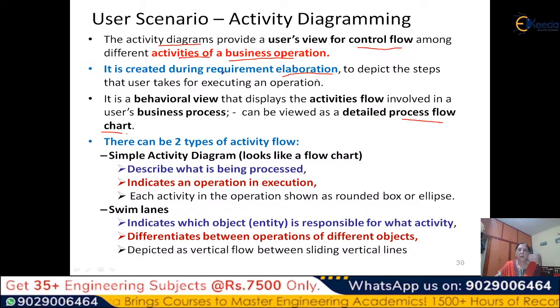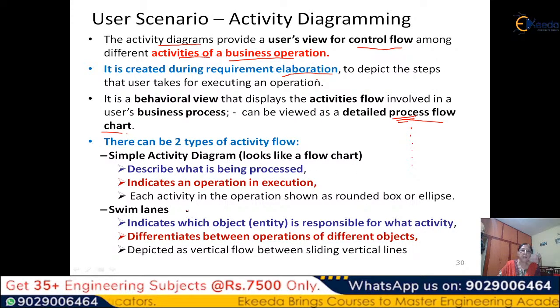So we are familiar with the flowchart concept when we write a program, but there in our flowchart we write the statements, the program statements, and the control within it. Here it is business process steps. What are the different steps that follow in a particular business process? So there can be two types of activity flow. You can have a simple activity flow, which looks very much like a flow chart.